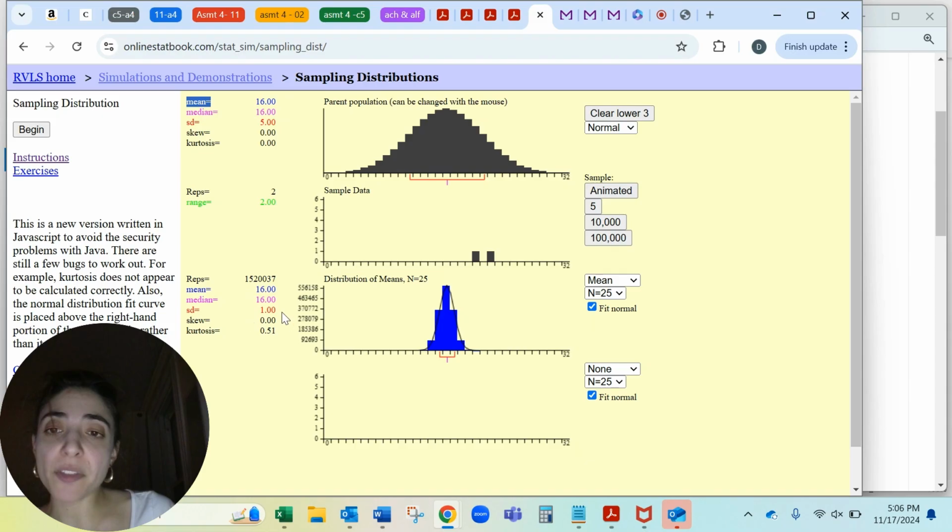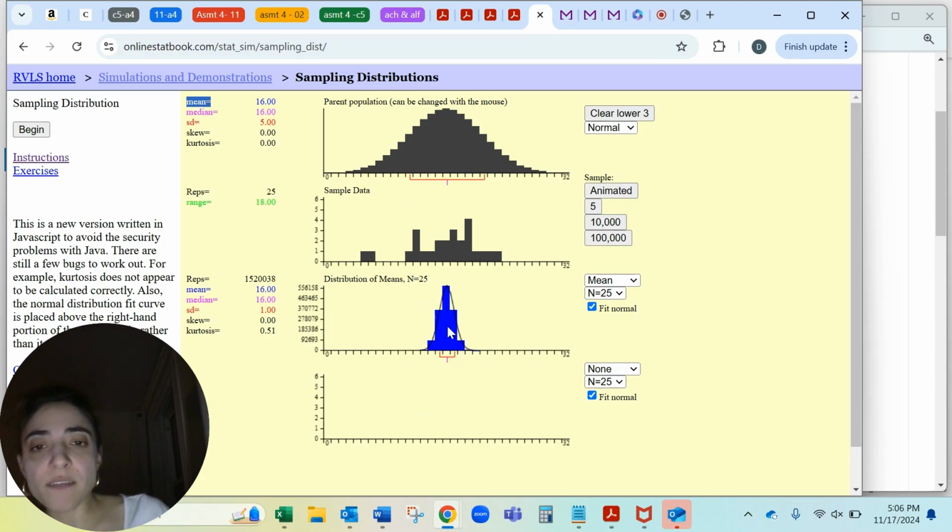And this mean and this standard deviation are related to the mean and the standard deviation of my population. By the central limit theorem, we know that the mean of the possible sample means is going to be the same as the population mean.